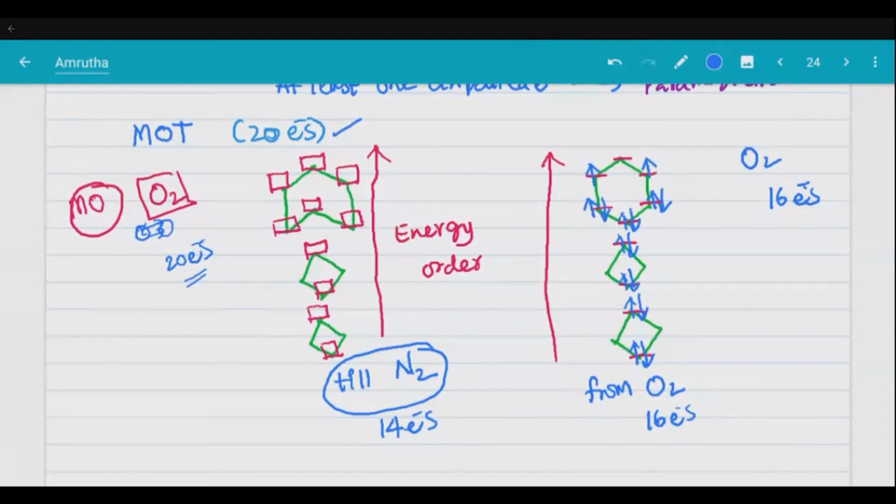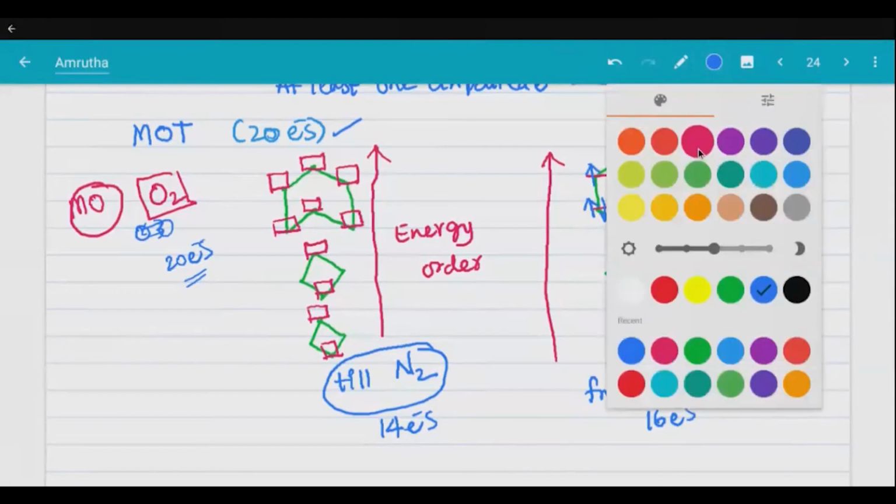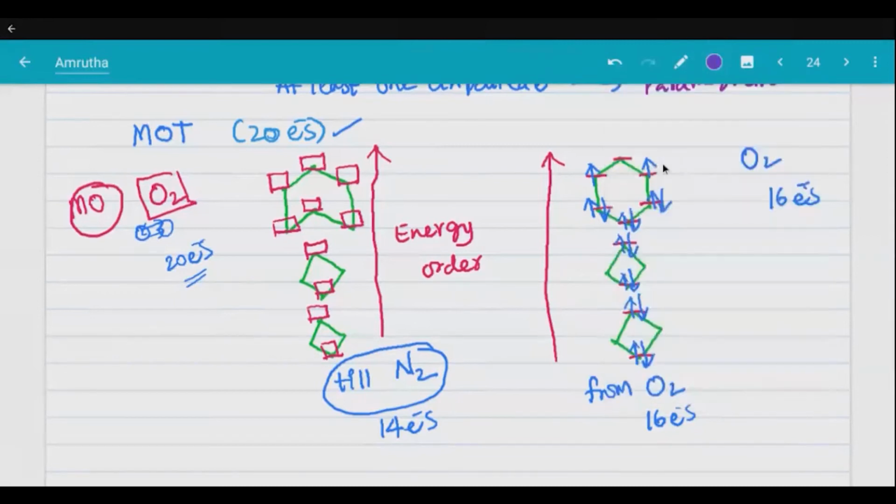So in oxygen there are 2 unpaired electrons. They are not paired. If there are 2, one up and one down, we call it a pair. Only one up means unpaired. Oxygen has unpaired electrons, which means oxygen is paramagnetic. Got the point?